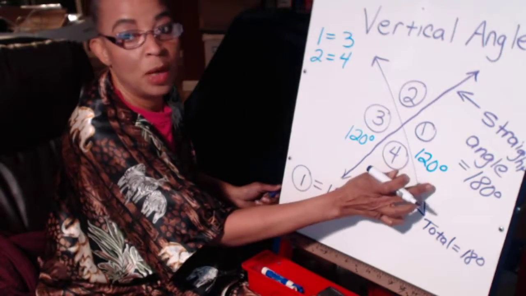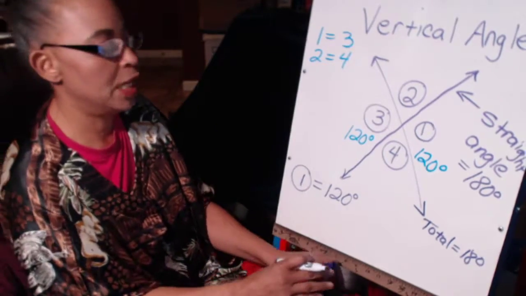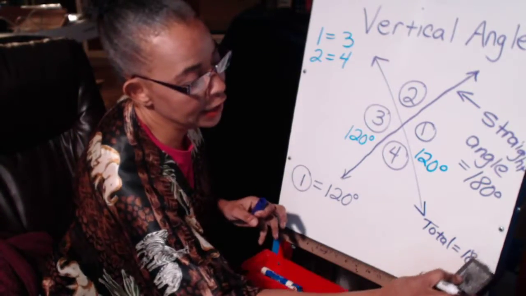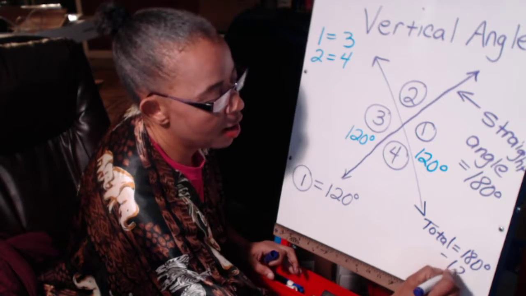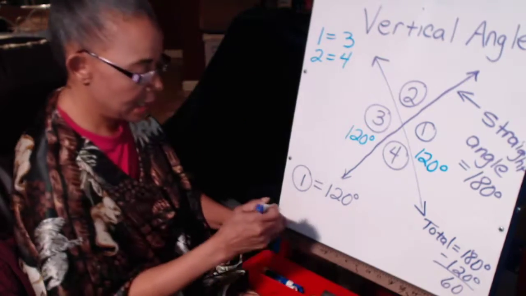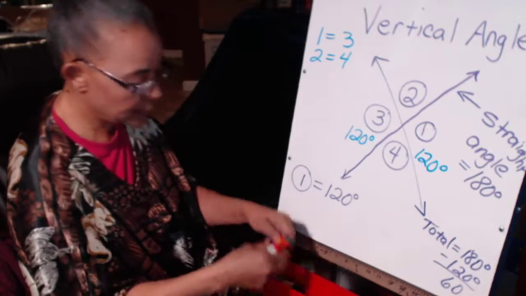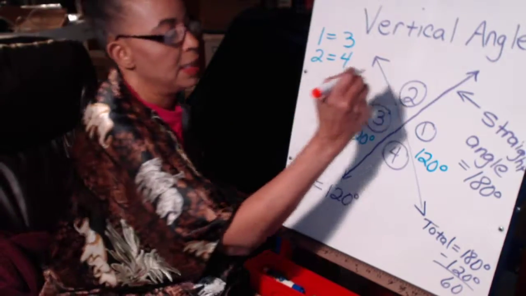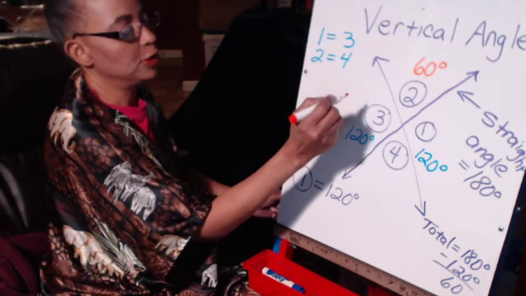We know that one part of that is 120 degrees. That's supposed to be 180. Okay, 180 degrees. And one part of that is 120 degrees. So that means angle 2 is 60 degrees. And remember, 2 equals 4.